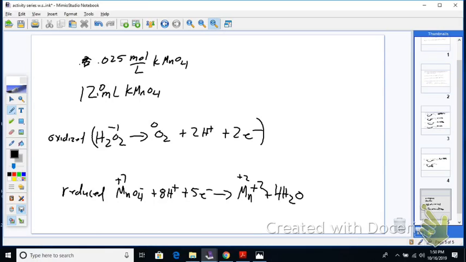So this one down here has 5 electrons, it's gaining, and the other one is giving up 2 electrons for every molecule of hydrogen peroxide that reacts. So what do we got to multiply the top one by?